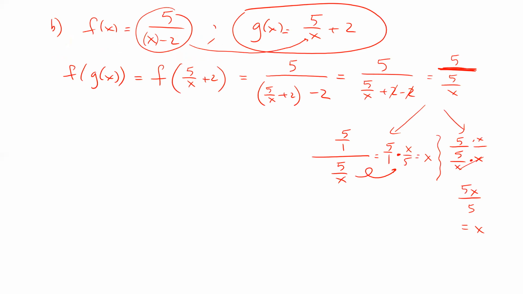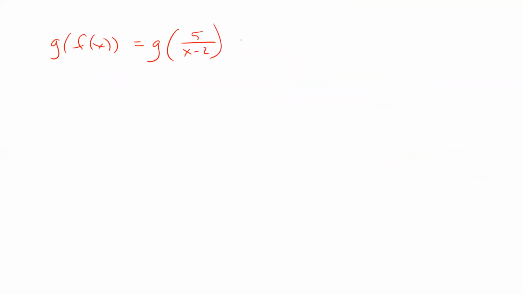The g function gets pushed down. Okay, so let's see, 5 on top, all of this here in the bottom, and plus 2. Tell me if you guys are okay. Is that the way you wrote it? Good, good.